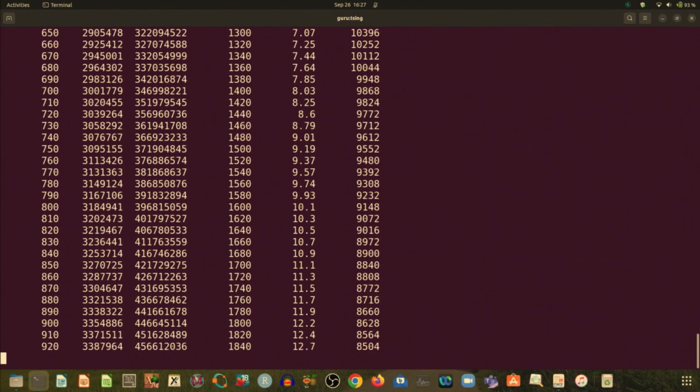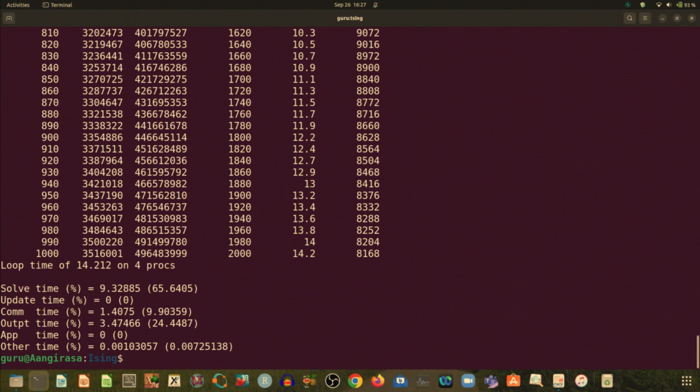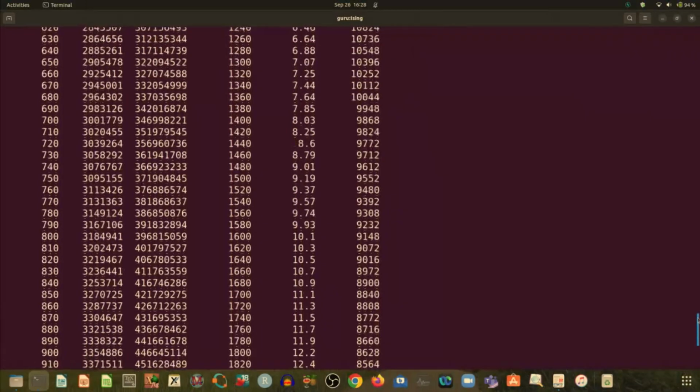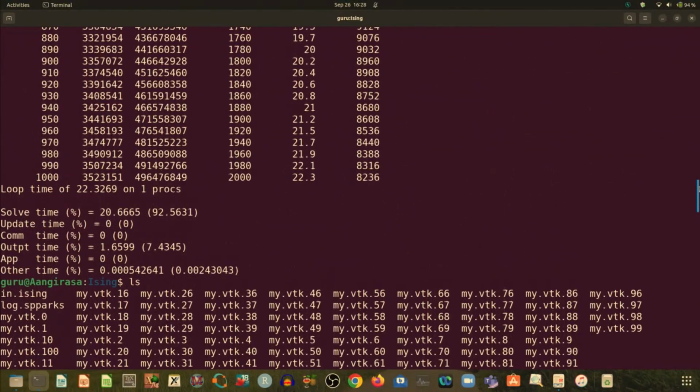We will look at the numbers, then only we will know. Yeah. So, how much is the wall time it gives? I think whatever is in the bracket is the time, so here it is 65 and here it is 92.